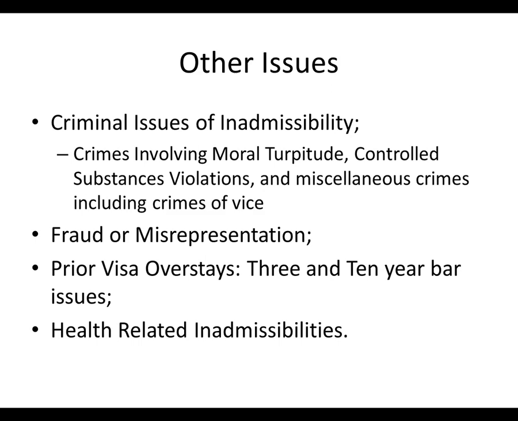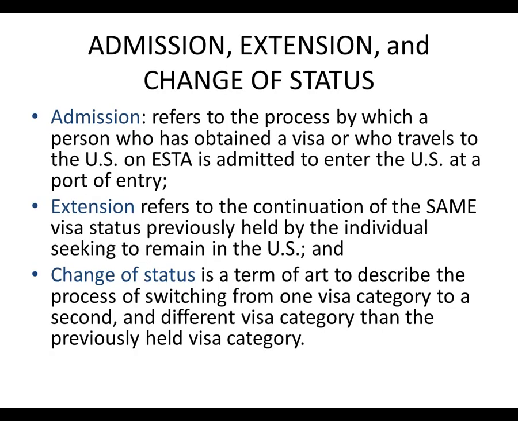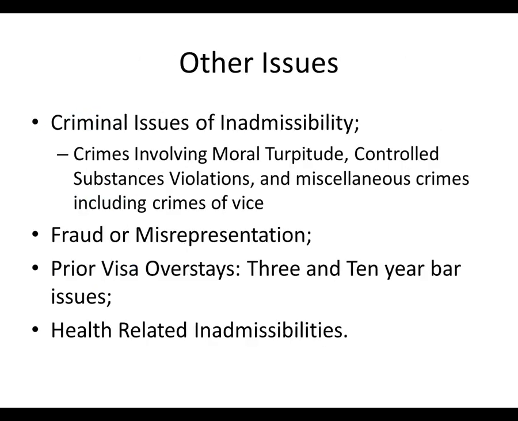I'd like to add as well for the prior overstays, often the case may be where someone on a B1 or a B2 visa overstays a period on the I-94 record and attempts to then come back in using the same visa.